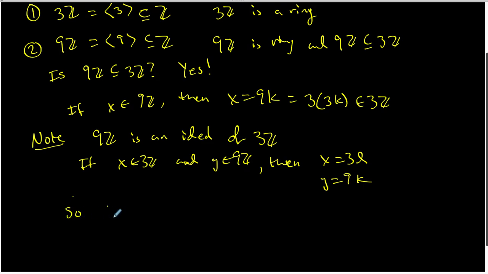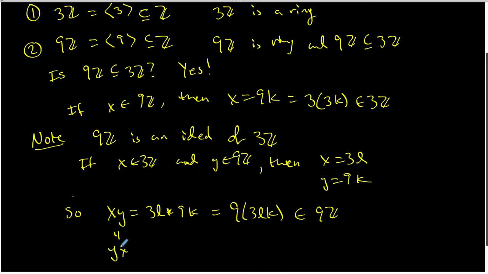And so what this says is that xy will be 3L times 9k, and that would be 9 times 3Lk, which is certainly in 9 times Z. And because we're in the integers, y times x and x times y are the same thing. So this says 9Z is an ideal of 3Z.